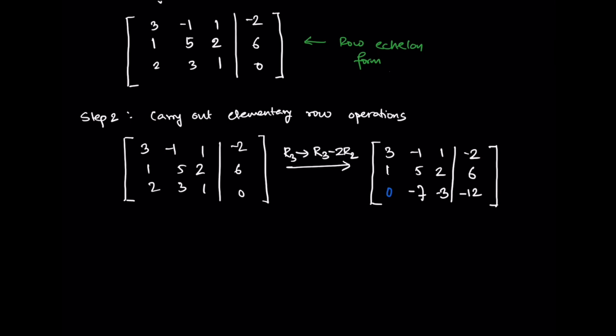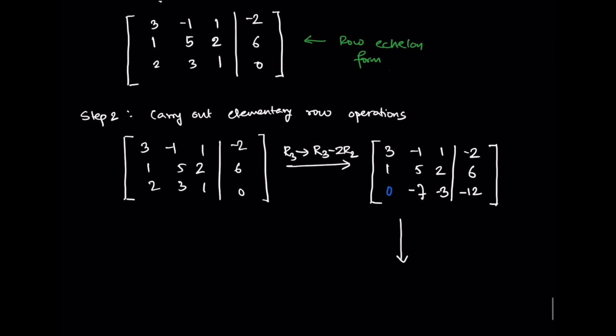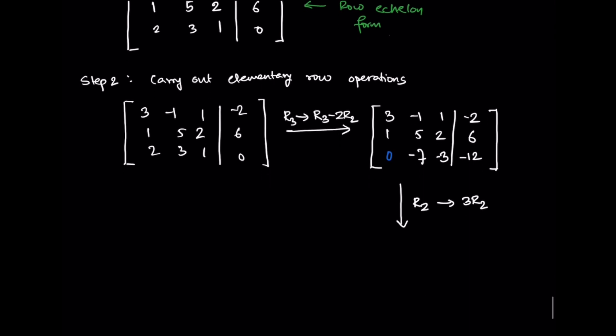Okay, now let us carry out our next step. Let me now multiply the second row, that is R2 goes to 3R2. I'm multiplying the constant 3 with the second row. The first row stays the same, the second row becomes multiples of 3.